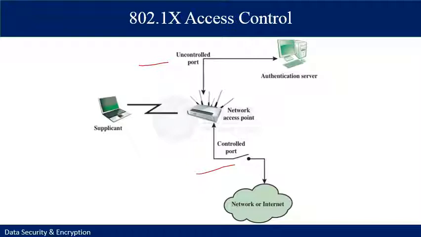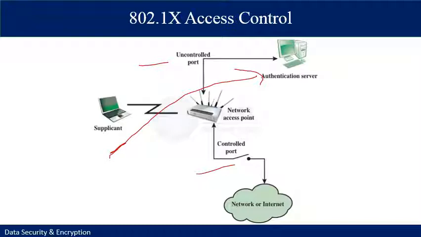Each logical port is mapped to one of these two types of physical ports. An uncontrolled port allows the exchange of protocol data units between the supplicant and the authentication server, regardless of the authentication state of the supplicant.